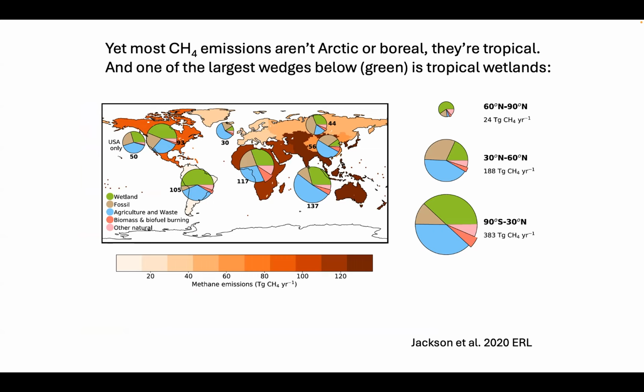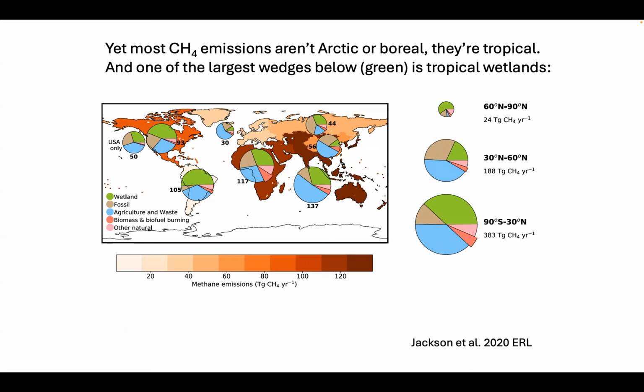But when you look at global emissions for methane, just as a reminder, I have to remind myself sometimes, a 10% increase in the tropics would be equivalent approximately to a doubling of emissions in Arctic systems. And we think there are good reasons to believe that tropical emissions are increasing today.